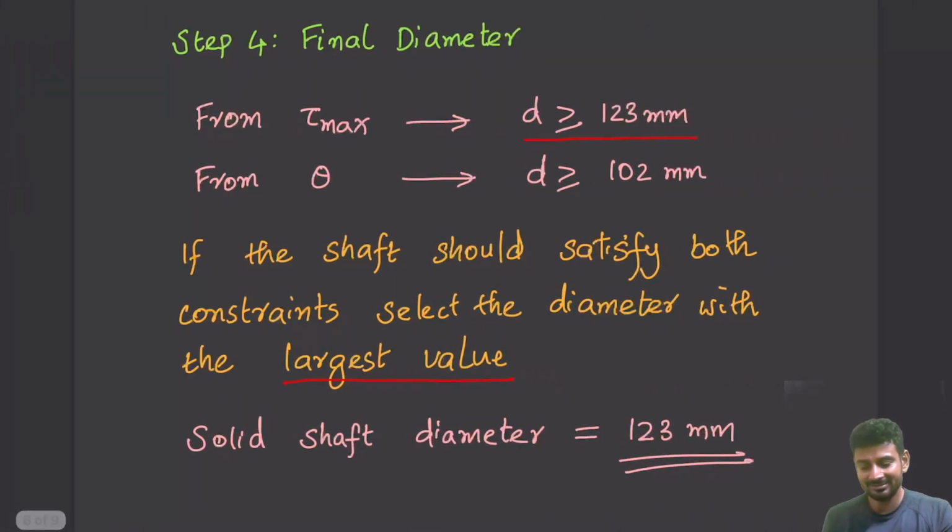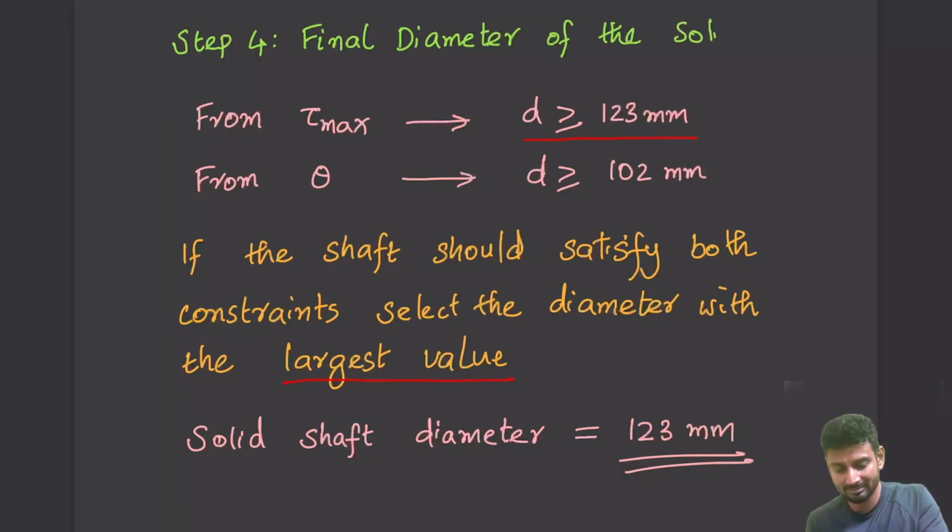So here, let's now find the final diameter of the solid shaft. According to two conditions, we have found the diameter from the Tomax condition, that is the shear stress should not exceed 40 Newton per millimeter square.